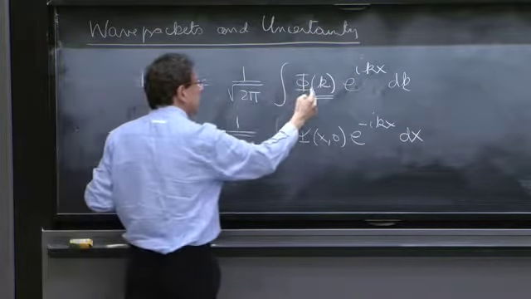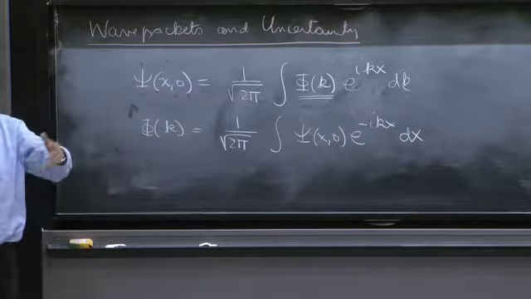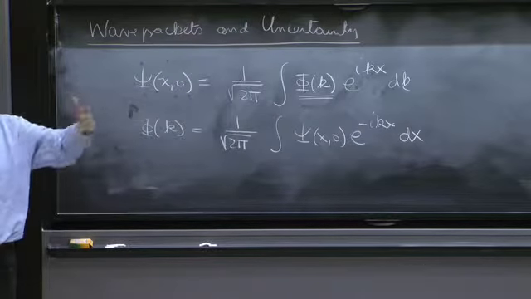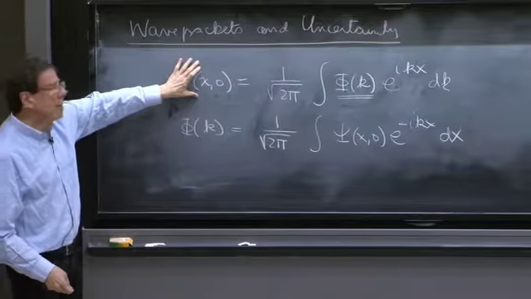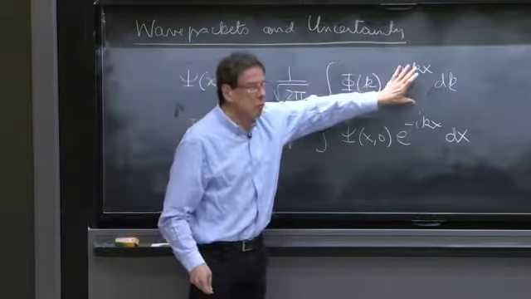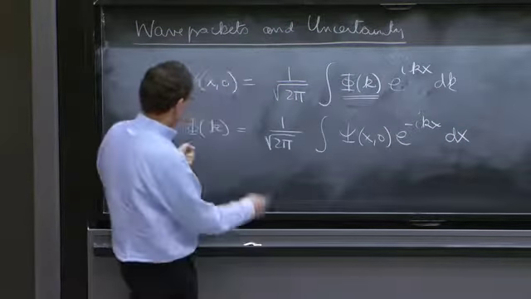So somebody gives you an initial wave function, and maybe it's a sine function or a Gaussian or something. Then what you would do if you wanted to rewrite it in this way is calculate phi of k, because you know this psi. You can calculate this integral, at least with a computer.